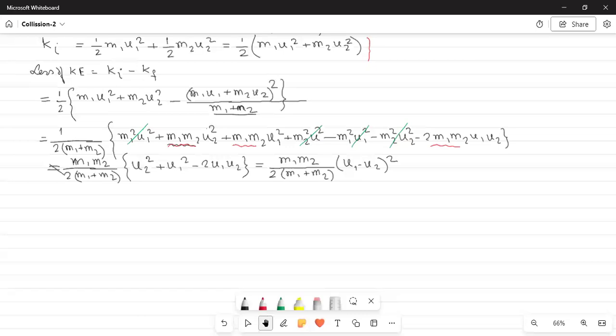Now we make a few comments here. M1 is positive. M2 is positive. And a square value, (U1 minus U2) whole square, is always positive.